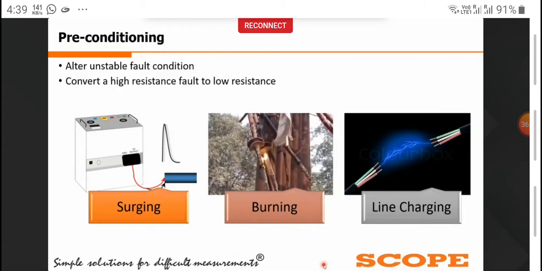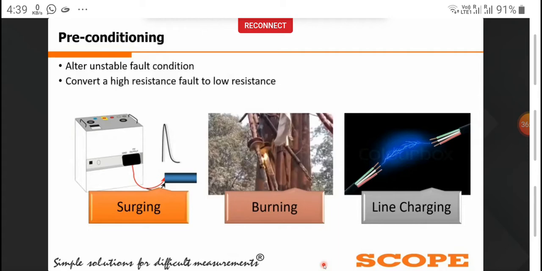That's why in this picture you can see how we are burning the cable. Due to the burning of the cable, a carbon bridge, or conductivity, is created at the high resistance faulty area. So that's why it can be easily prelocated using the prelocator.